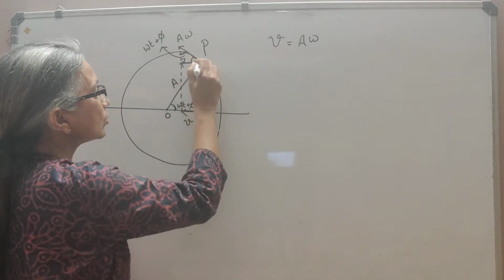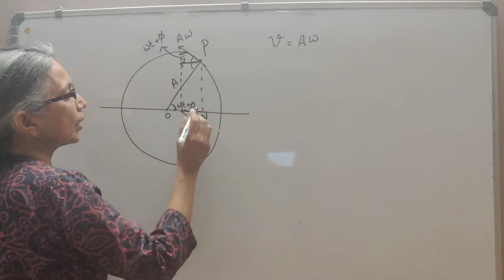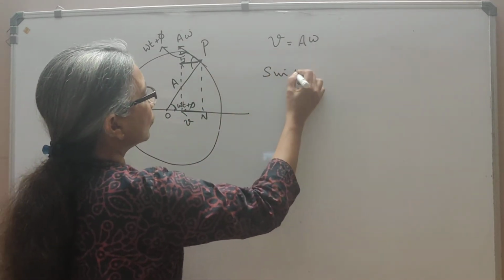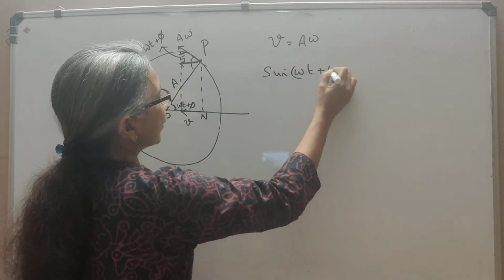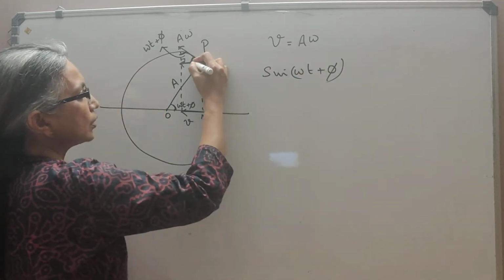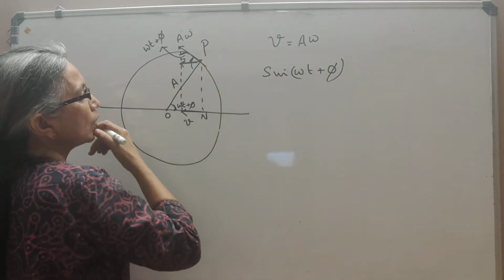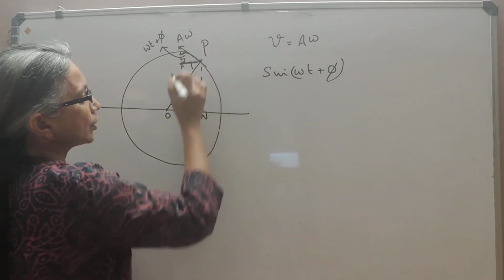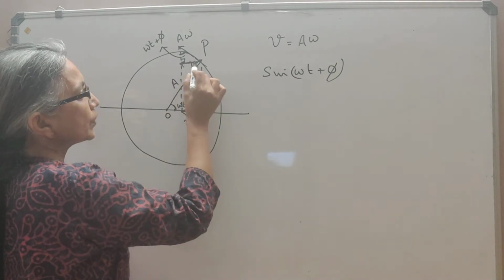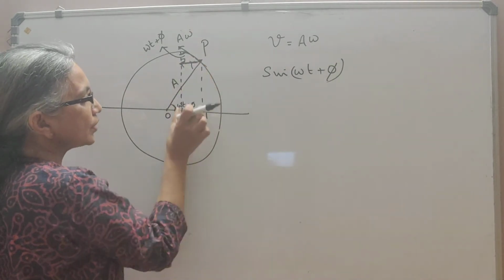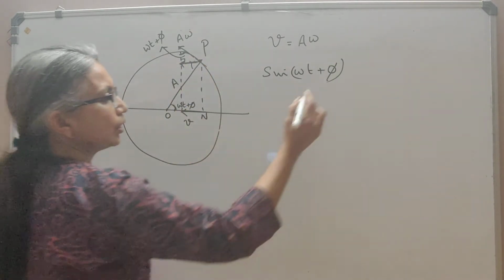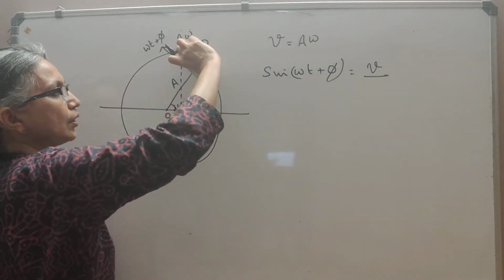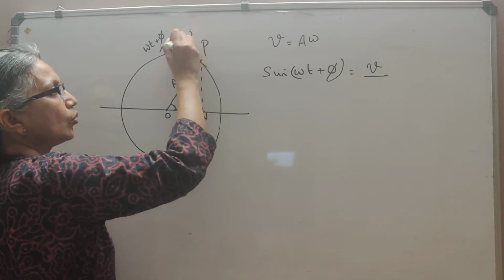So from the small triangle here, you may write that sine omega t plus phi is the opposite side, which is what we have as the velocity of this oscillator, that is v, by the hypotenuse of this triangle, which is a omega.